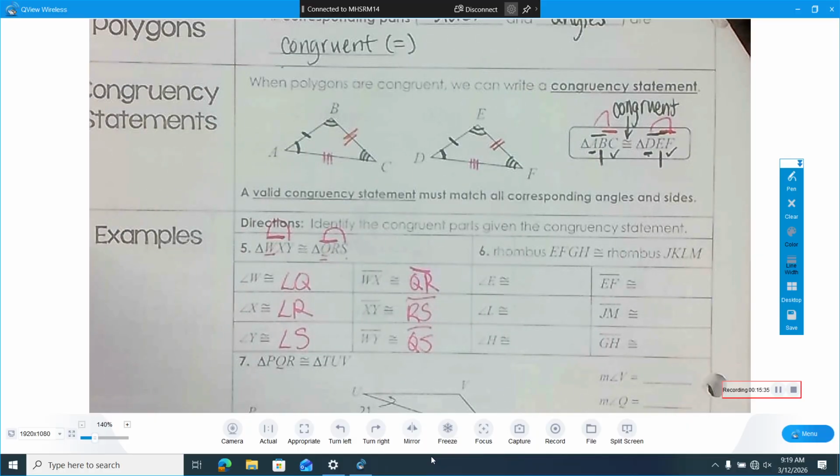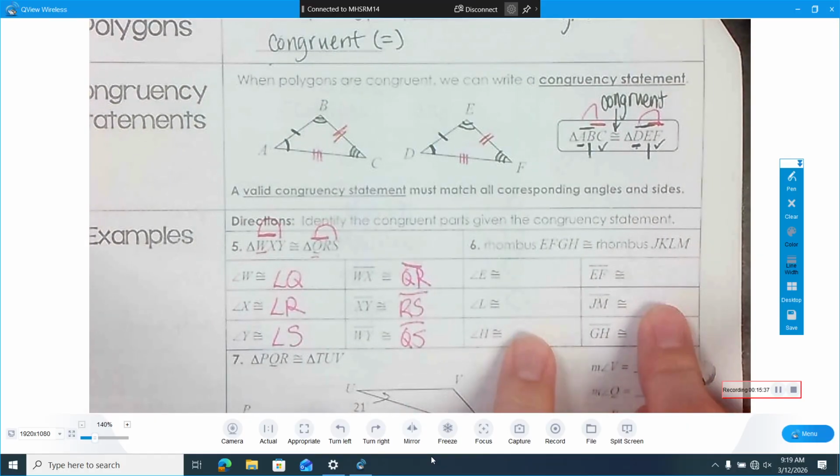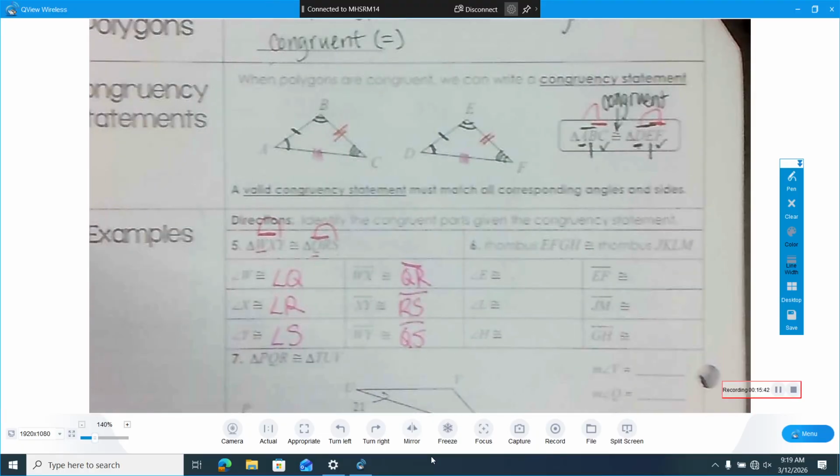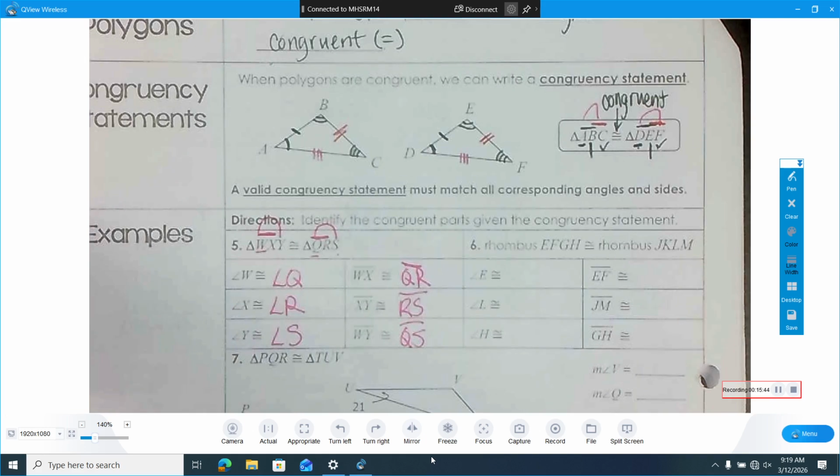All right? Will you take 1 minute and do number 6? Minutes, do number. Oh, nice.